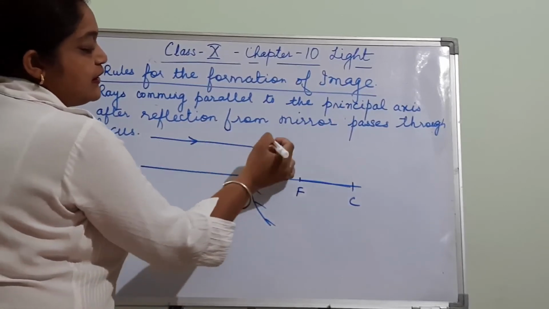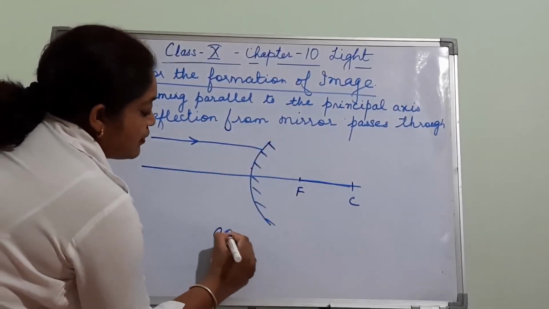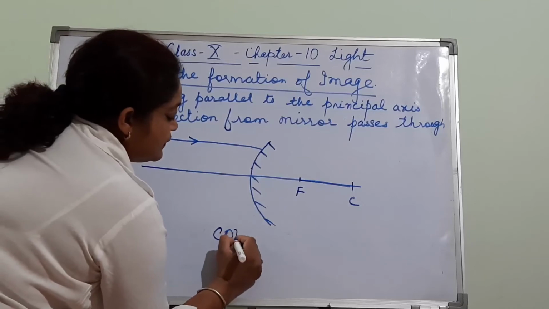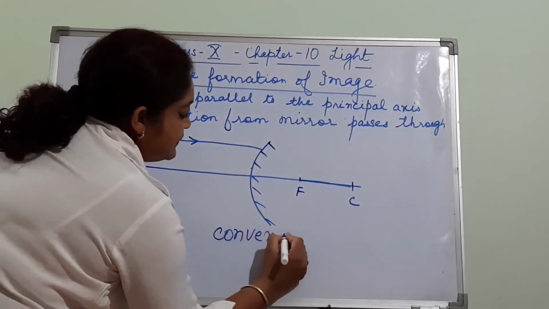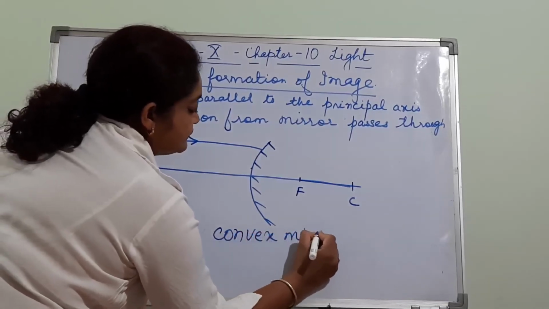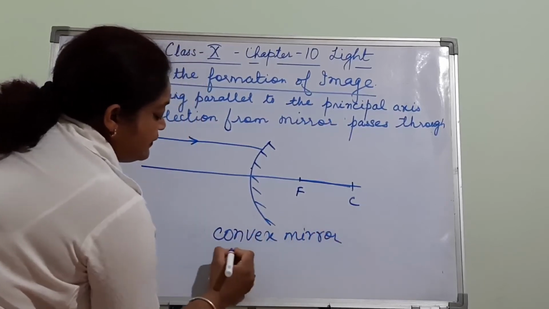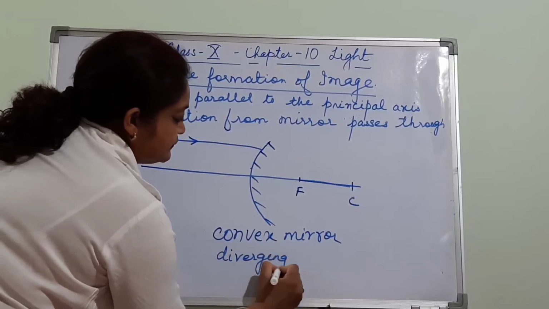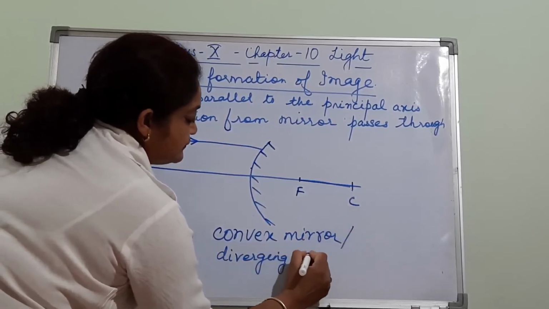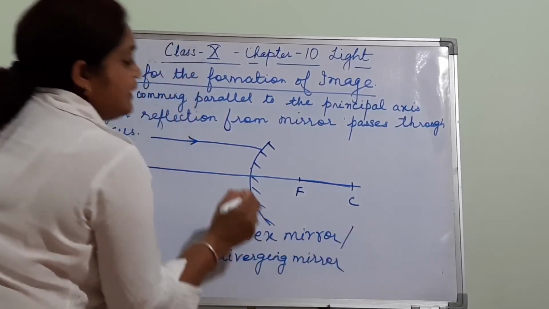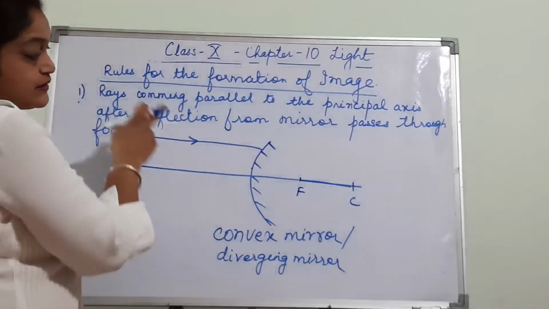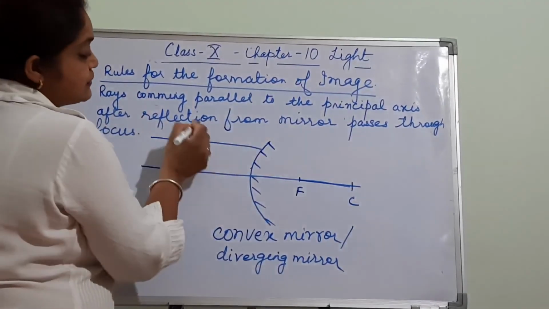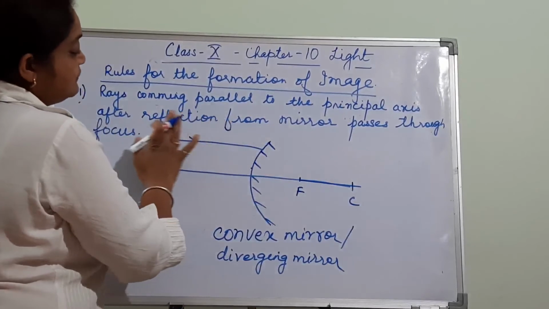Now here this convex mirror is a diverging mirror. So it diverges the ray of light falling on it. So what happens?